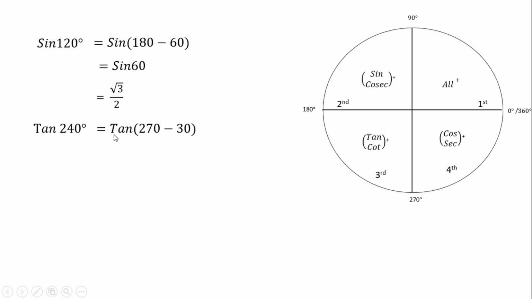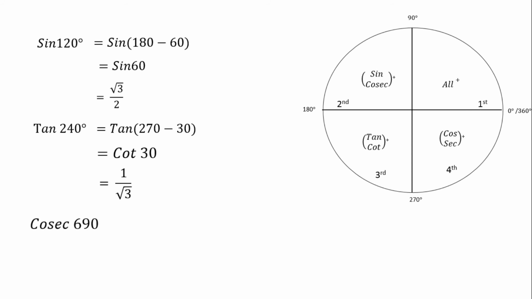Now with 270, the tan will be changed into cot. Now 270 minus, after that we have to see the quadrant. It means the third quadrant, and in the third quadrant tan is always positive, so positive cot 30 degrees, and the value will be 1 by root 3.